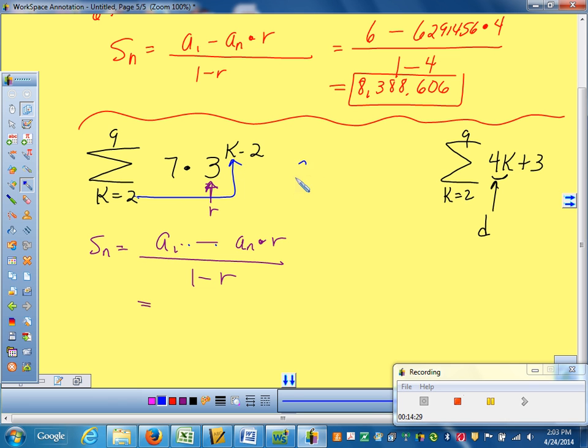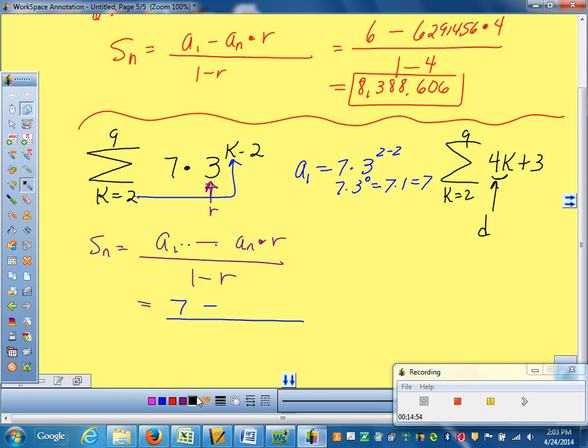So, first term is going to be 7 times 3 to the 2 minus 2 power. Well, 2 minus 2 is 0. What's anything with a 0 power? 1. So 7 times 3 to the 0, that's 7 times 1, or 7. So ta-da, you know first term is 7. Last term.